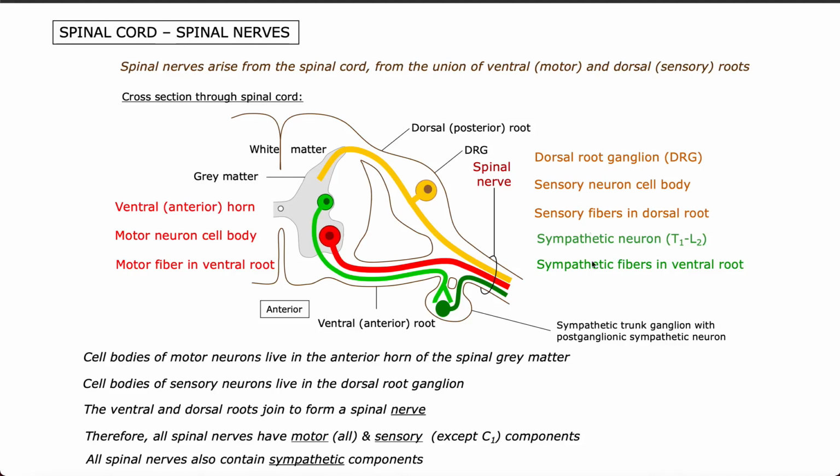And now look at it, my spinal nerve has all three elements, and each spinal nerve of my body, except for one, all of them have motor, sensory, and sympathetic. Why do we need motor? For the skeletal muscle. Why do we need sensory? For all the sensory inputs. And why do we need sympathetic? Because we all know we have smooth muscles.